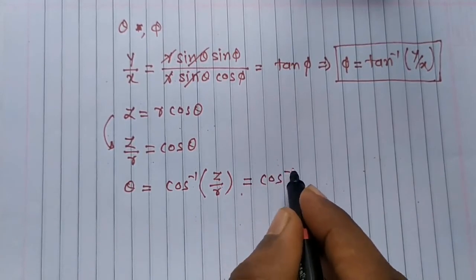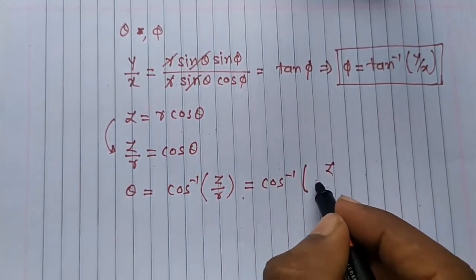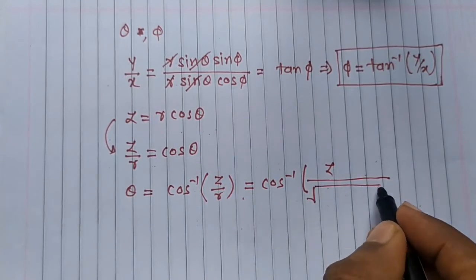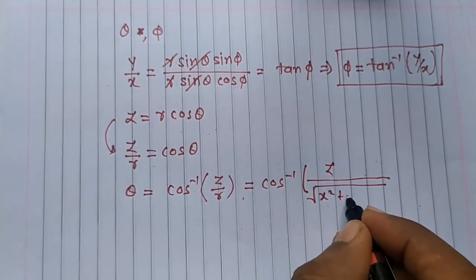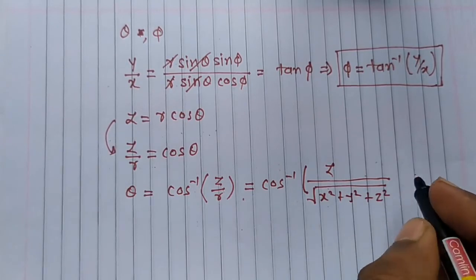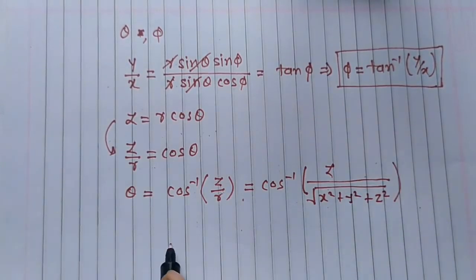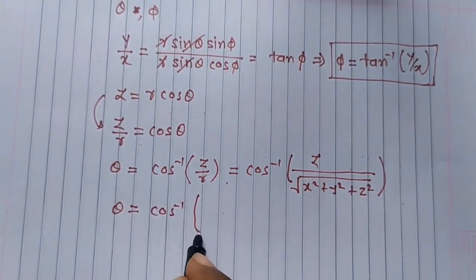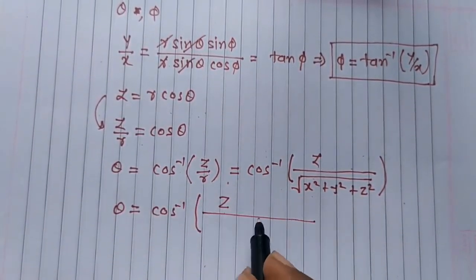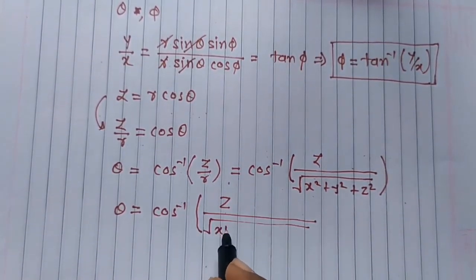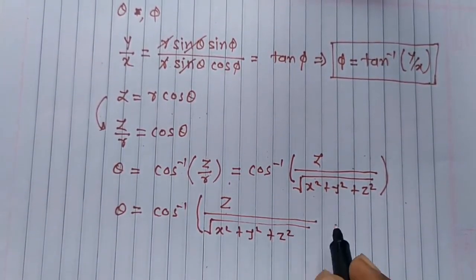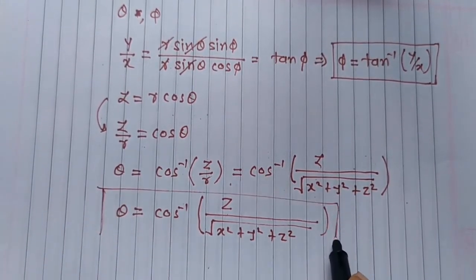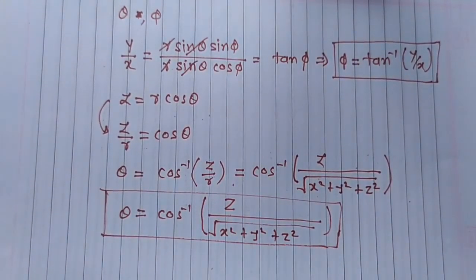I have obtained the value of r, it was root of x square plus y square plus z square. So theta is equal to cos inverse of z upon root of x square plus y square plus z square. So this is the value of theta in terms of the Cartesian coordinate system.